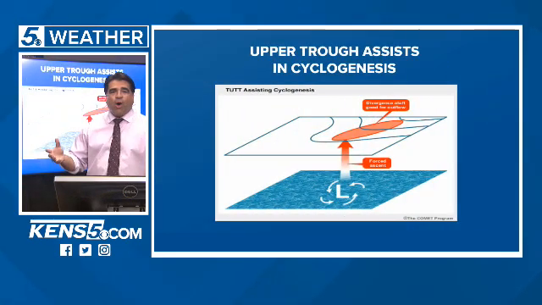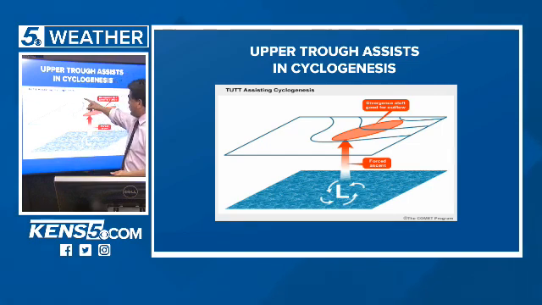Okay, how and why? Well, you've got to bear with me here. Here's our little trough. Remember, this side was sinking. This side is the rising motion. So you kind of think in 3D. Say we're here at the ground and airplanes are way up here. When that air comes around like this, you've got what we call upper level divergence.